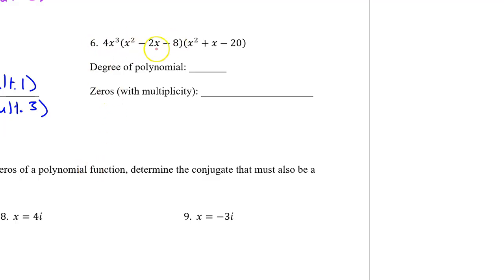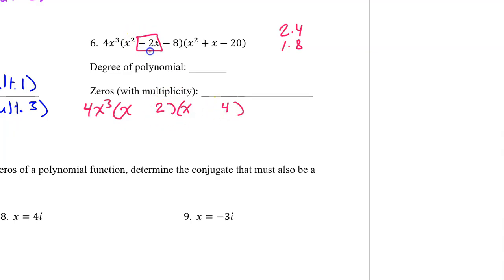Let's factor number 6 out the rest of the way. We have 4x to the third power. I'm betting this trinomial will factor more. X squared is going to factor as x times x. 8 is either going to factor as 2 times 4 or 1 times 8. Looking at the middle, let's go for 2 times 4.